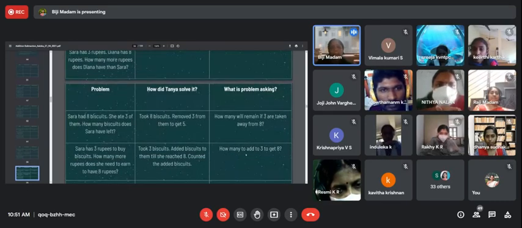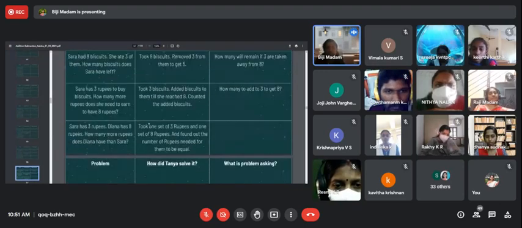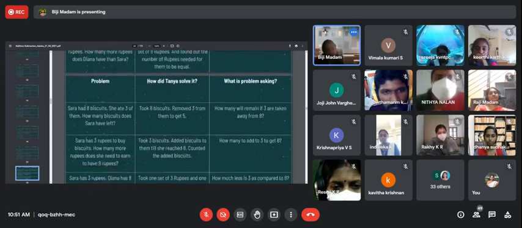How many is added to 3 to get 8? How many more is added? And in the last question also, the child is keeping the 2 sets and finding out how many more is needed to make them equal. And here the child is comparing.